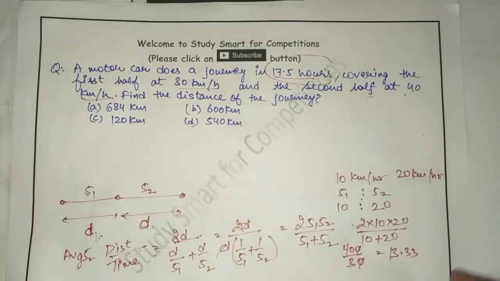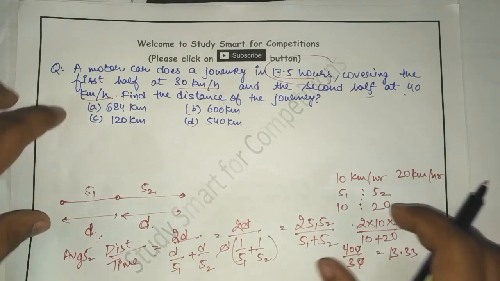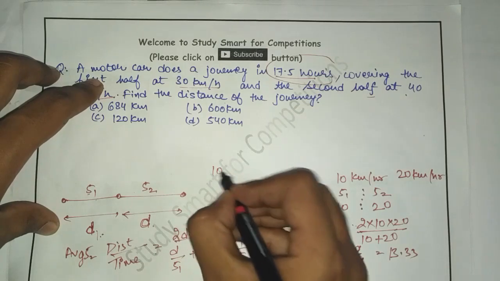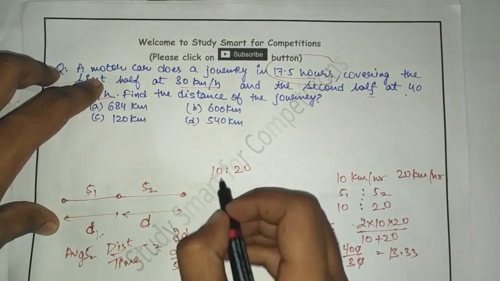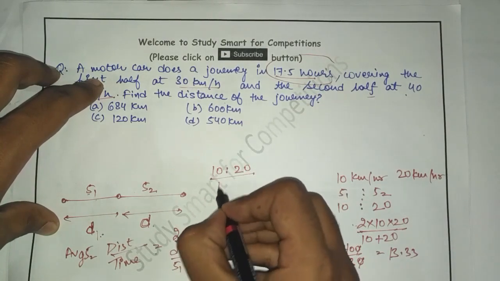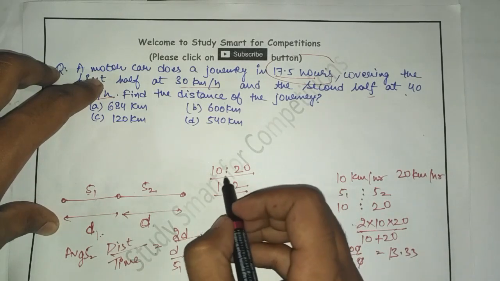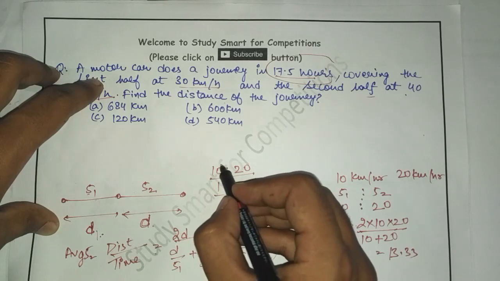13.33. So the shortcut method for solving is that, suppose these speeds are given as 10 and 20, you will find the minimum ratio, that comes out to be 1 and 2. So you will sum both these, and what you will do is take the difference of these two.